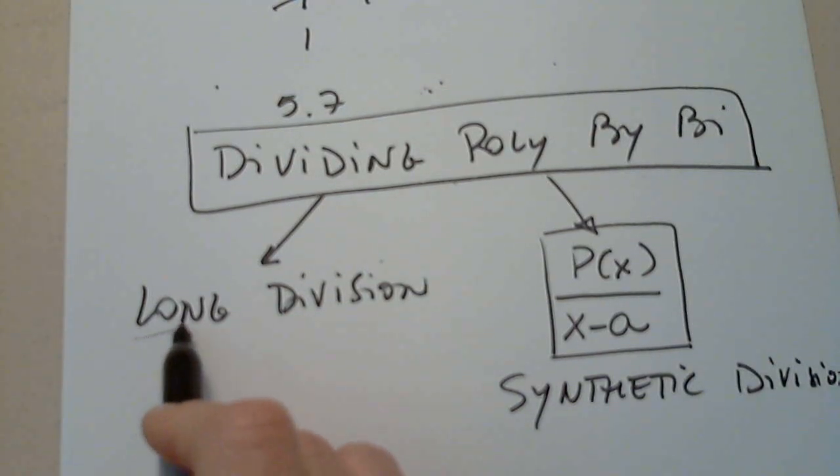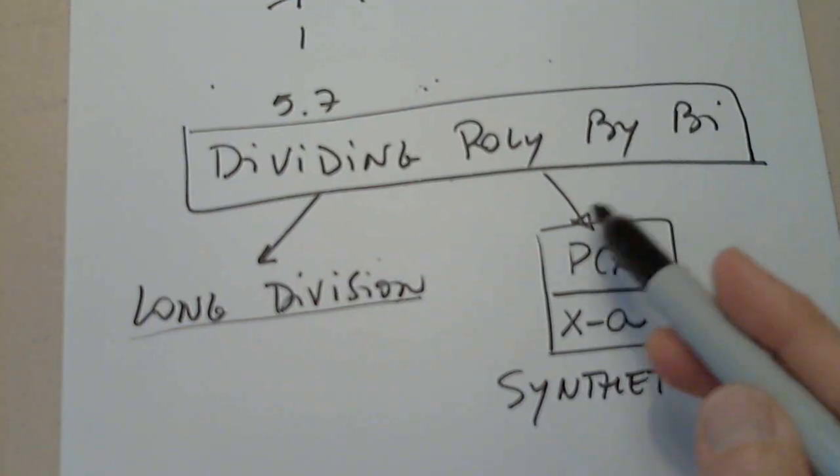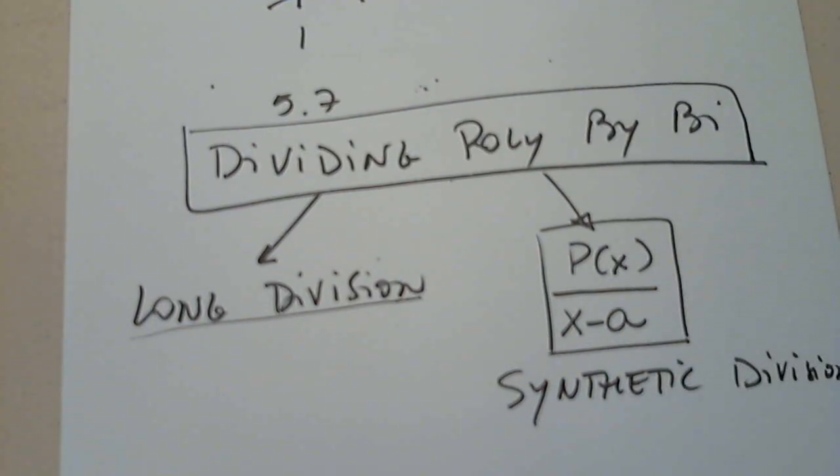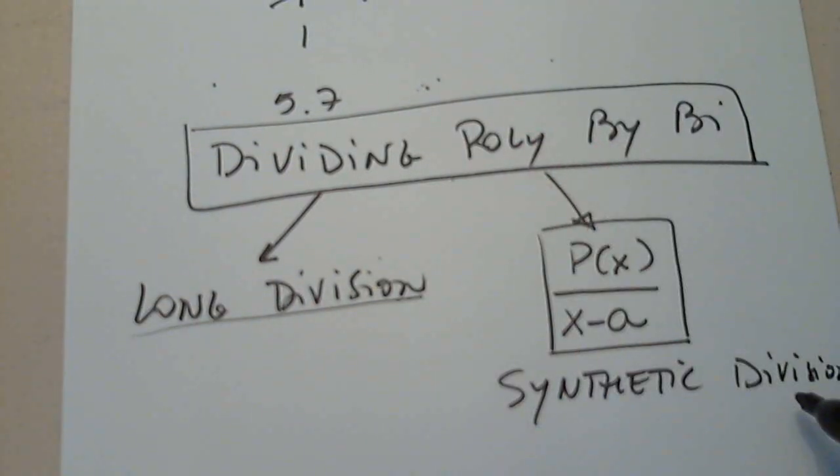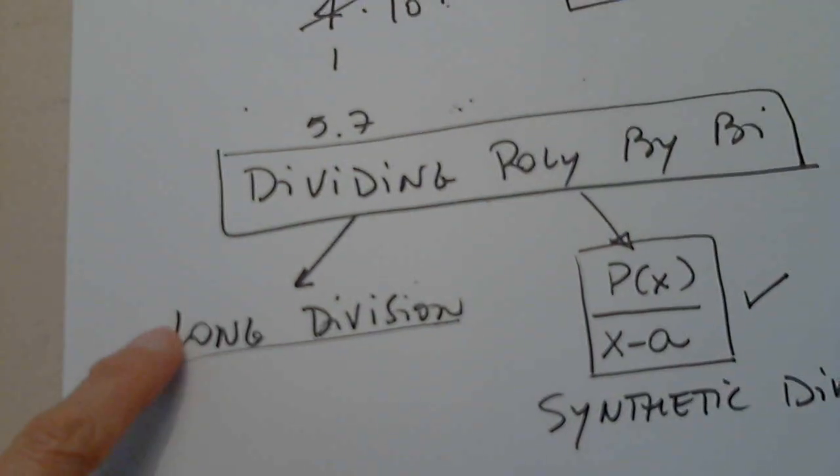Okay, we'll start with the long division, and then we'll find examples that work specifically with this. This works forever, all situations. This one does not, only in these cases. Okay, so let's talk about the long division.